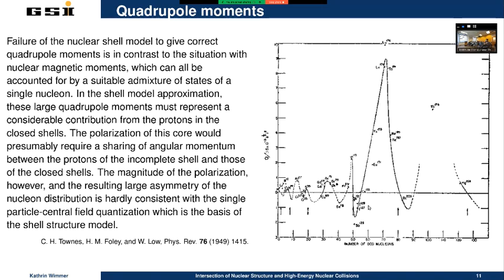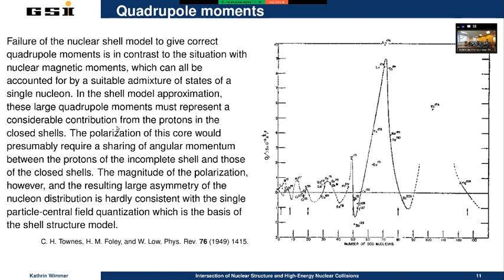The quality of this figure is very bad, but you can see that for some nuclei, there's really huge quadrupole moments observed, where the nuclear shell model only predicts very small values, very close to zero. And this can only be explained by including the core.